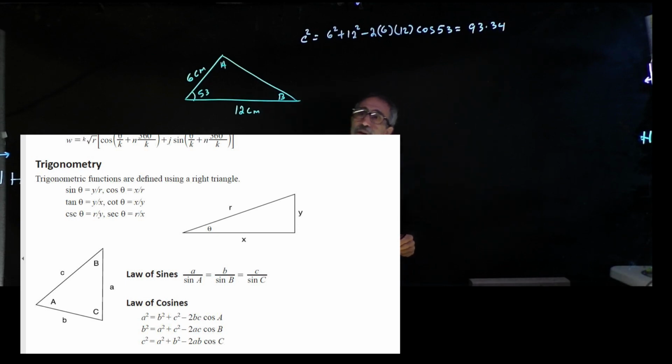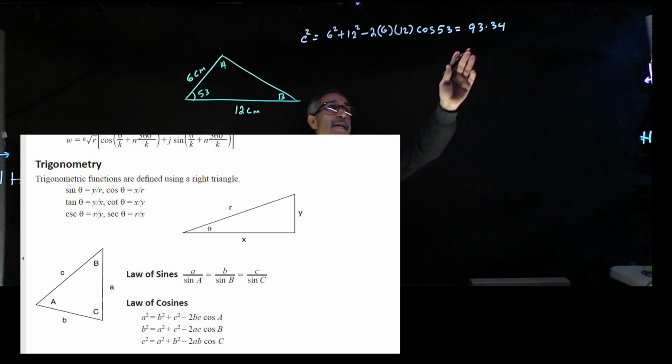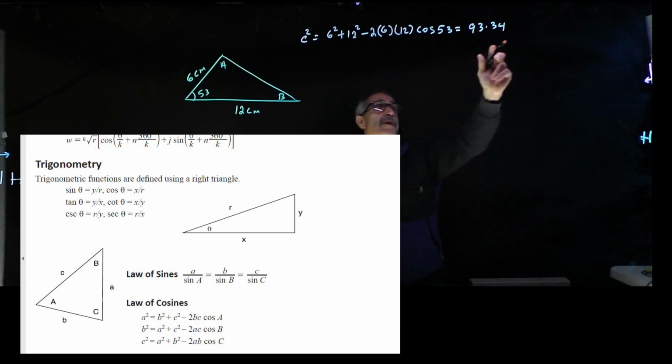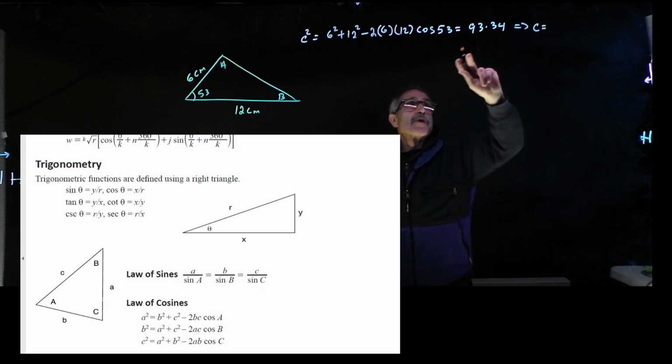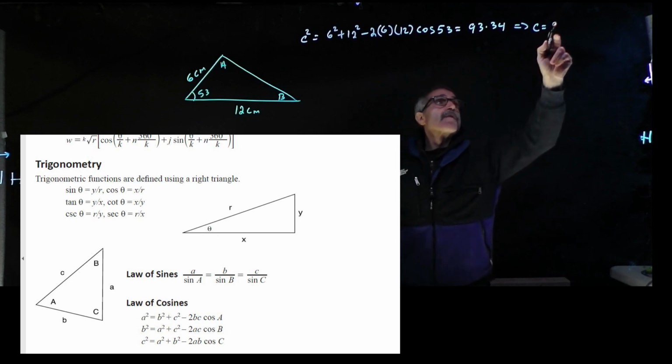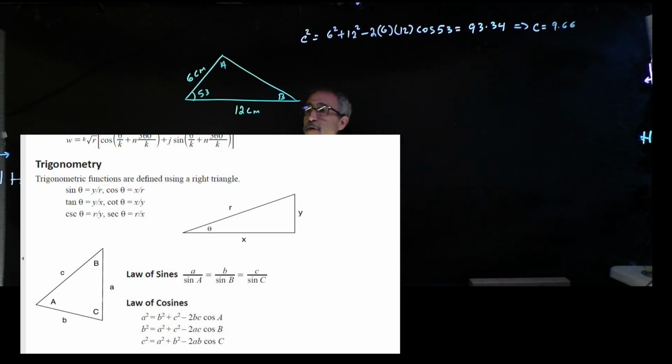Now we're going to use the sine law. Since c squared is 93.34, c is going to be the square root of that, which is 9.66. Using the sine law, it's 9.66 divided by sine 53, the opposite angle, equal to, for the angle A which we don't know, the opposite side is 12.